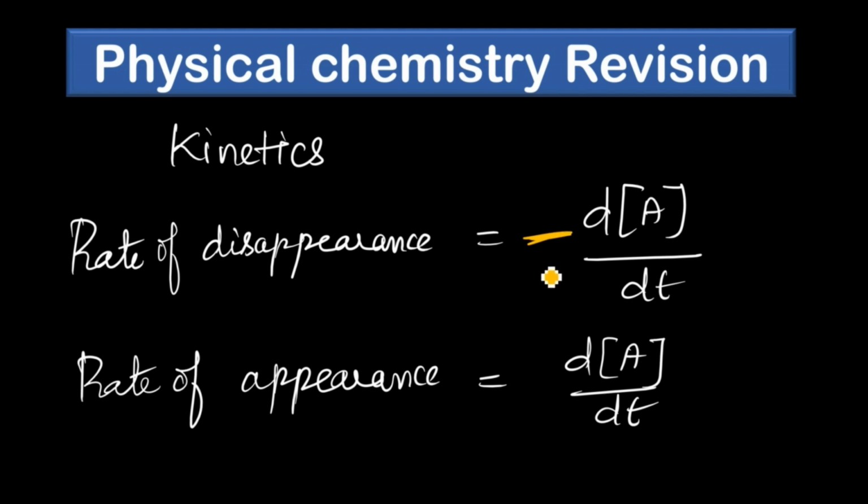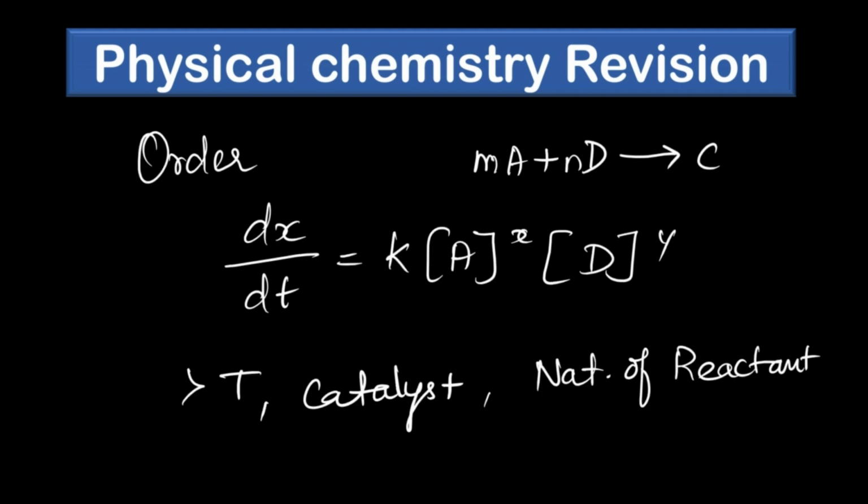Disappearance means it is decreasing, so minus symbol. Appearance means produced, then plus symbol will be there. If we are not mentioning it, that is plus. So dA by dt is the rate of appearance or disappearance.